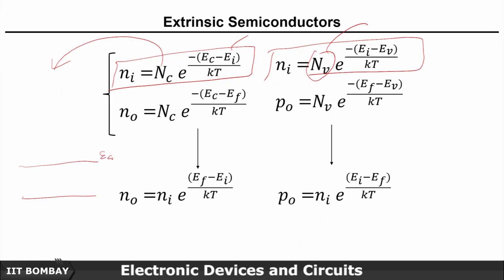So let's say this is your EC, this is your EV, and this is somewhere exactly in the middle. So EI is equal to (EC plus EV) by 2. If you remember, we also mentioned that the Fermi energy level will also be close to EI, but the Fermi energy level is not exactly in the middle. The reason is that, as you can see here, if Ni is equal to Ni, then Nc should be equal to Nv times e raised to the power (Ec minus Ef) by kT, if I replace Ei with Ef.